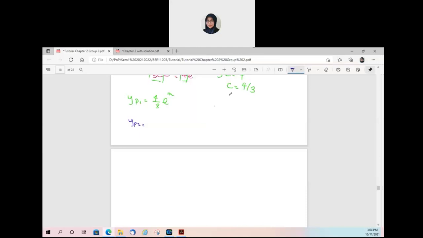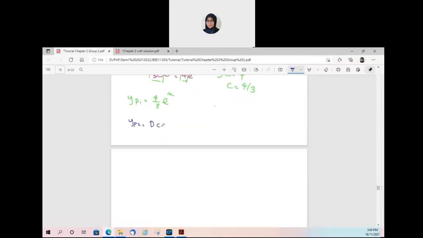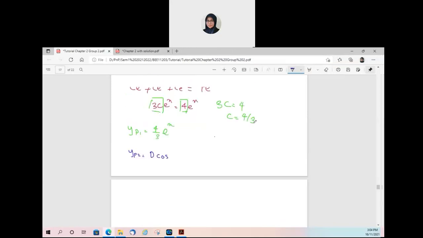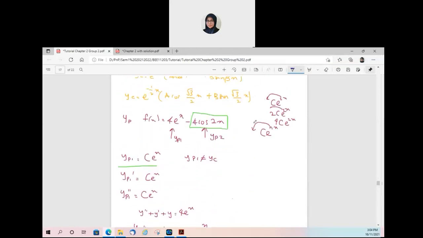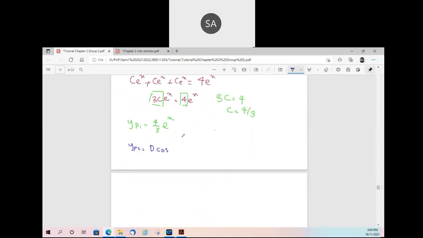Now we will start our constant with D. So it will be D cos 2x, plus with E sin 2x.